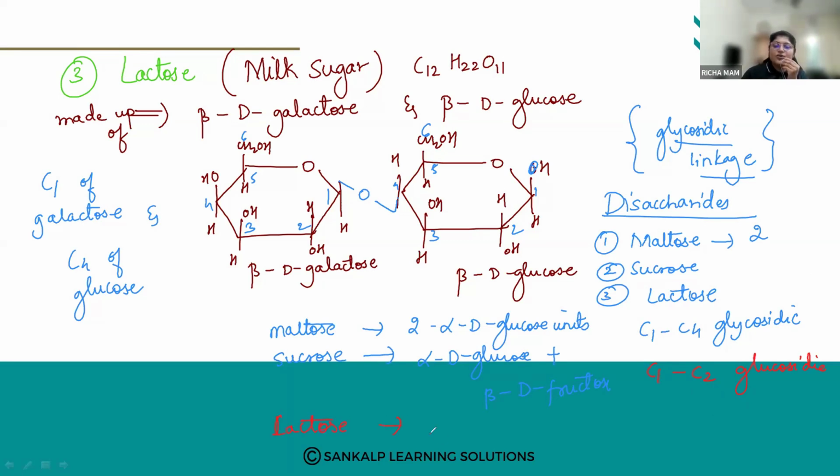Lactose consists of one beta D galactose and another beta D glucose. The linkage is present between C1 and C4 and this is a glycosidic linkage. So remember this, very important. You need to know the monomer units, which are the monosaccharide units, and what linkage is present in that. Is it clear up to here?